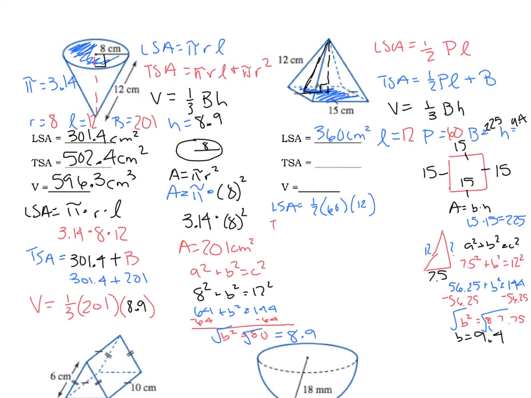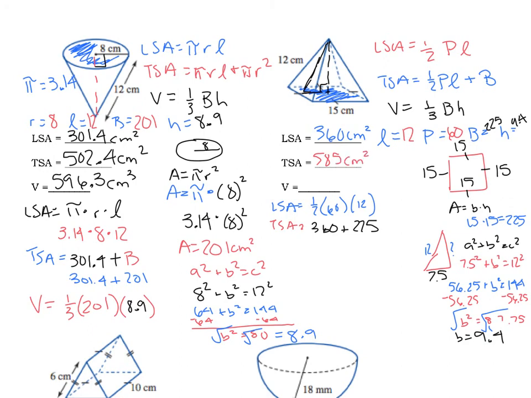Now let's look at the total surface area. Again, notice that the total surface area's first part is the same as the lateral surface area. So no point in reworking that twice. We already know that answer is 360, plus B, which is 225. So 360 plus 225 results in the total surface area being 585 centimeters squared.